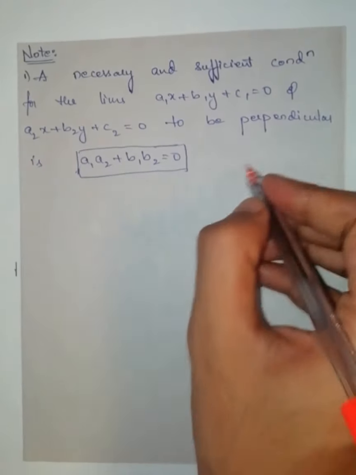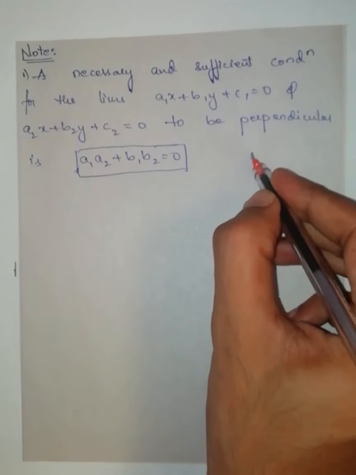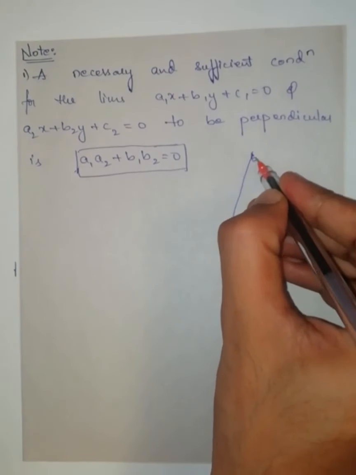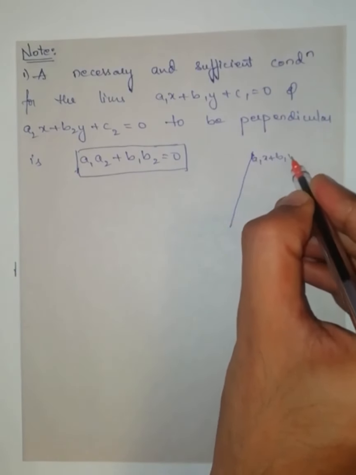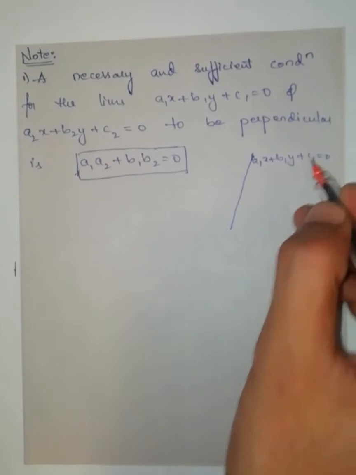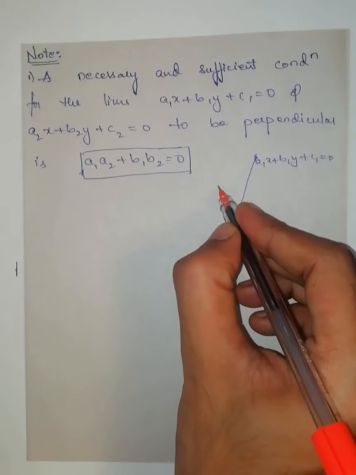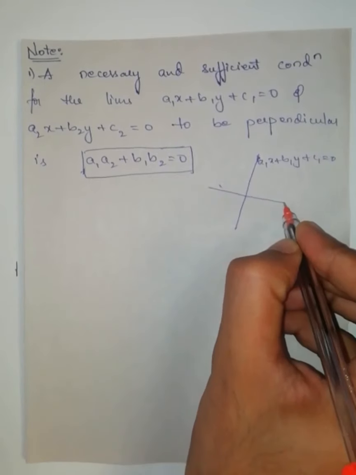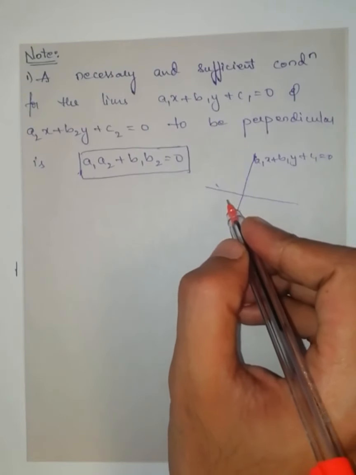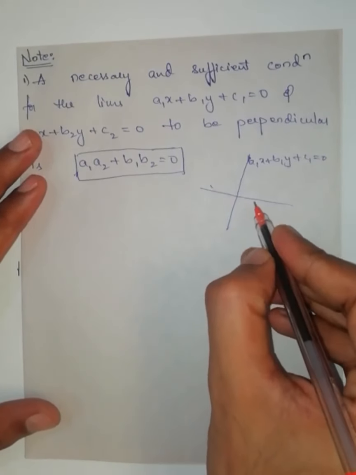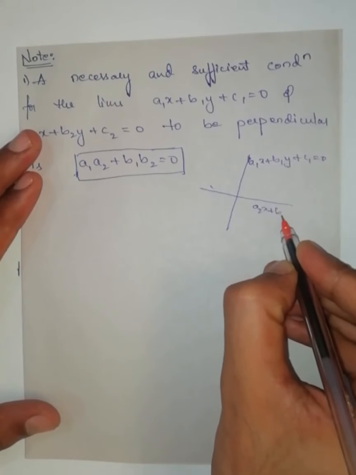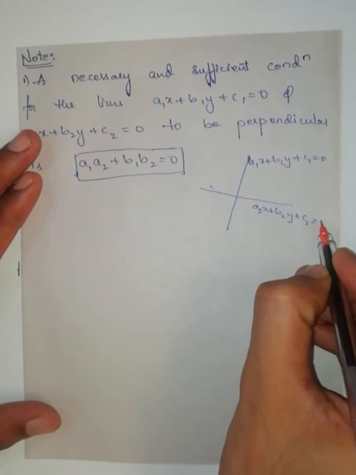What this one says: suppose one line is a1x plus b1y plus c1 is equal to 0 and the other line is a2x plus b2y plus c2 is equal to 0.